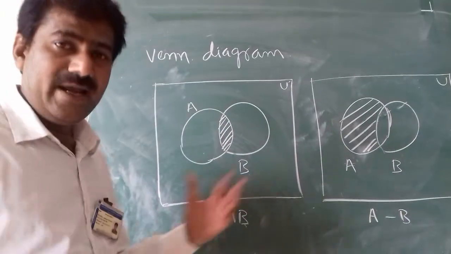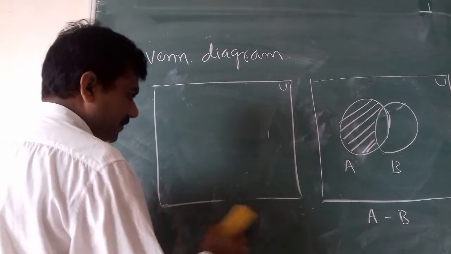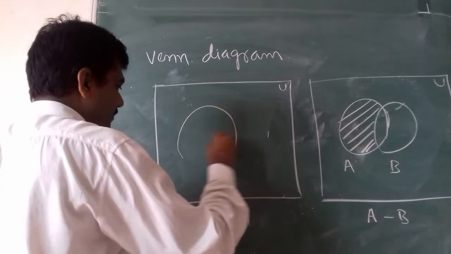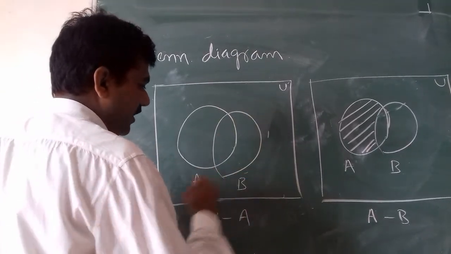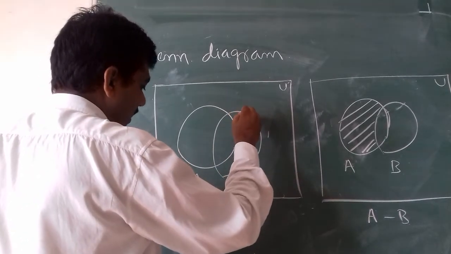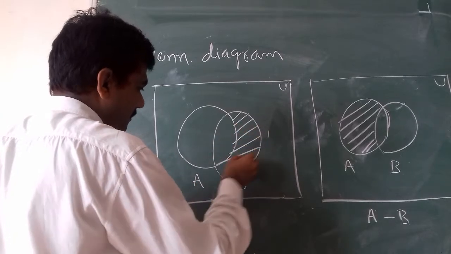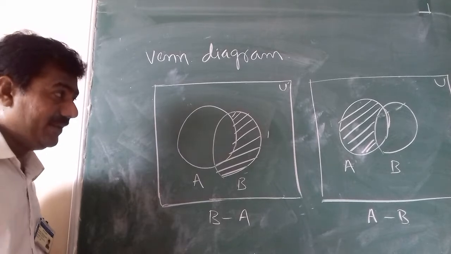This is the A minus B. And B minus A: this is your set A and this is your set B. So B minus A will be what? The elements of B with the elements of A removed. This is B minus A.